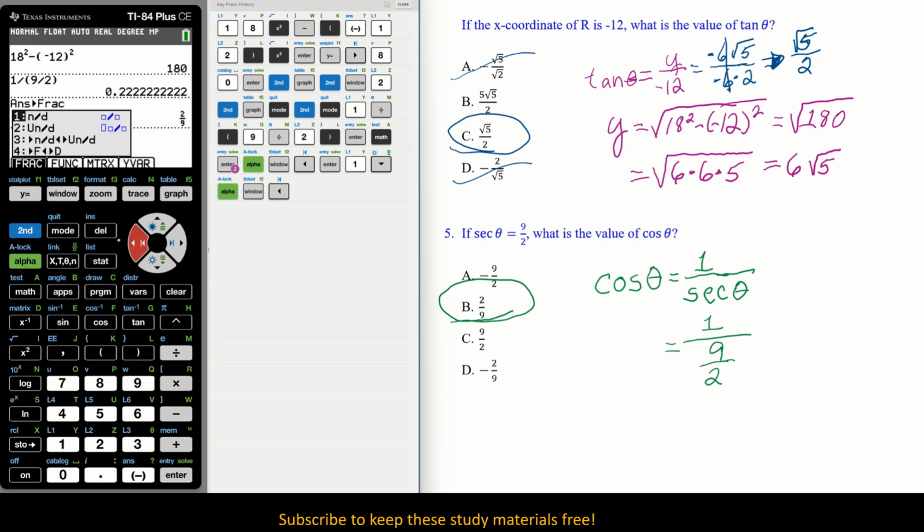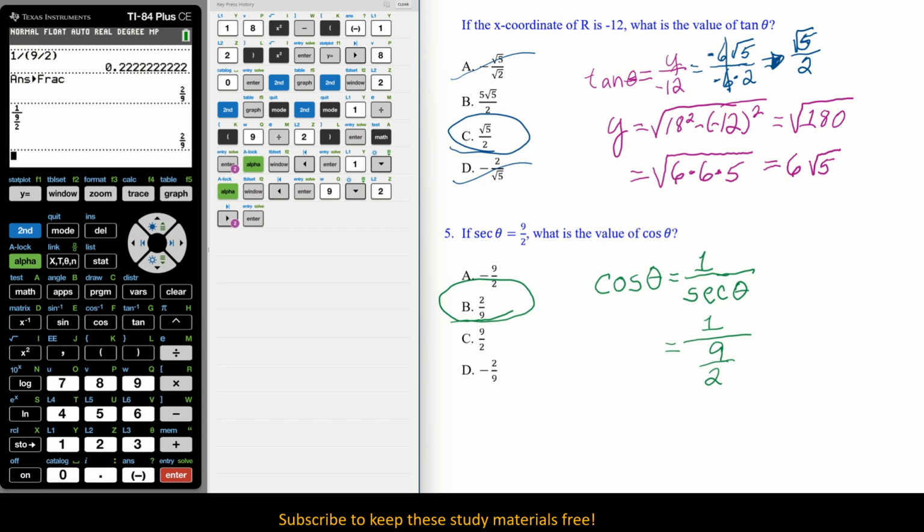Alpha window, arrow over to number 1. Okay. There we go. Now put in 9, go down, put in your 2. Okay. I'm going to arrow over. I don't have to, but let's push enter just to see what happens. It actually gives it to us right away, 2 over 9. Okay. All right. Let's go to number 6.